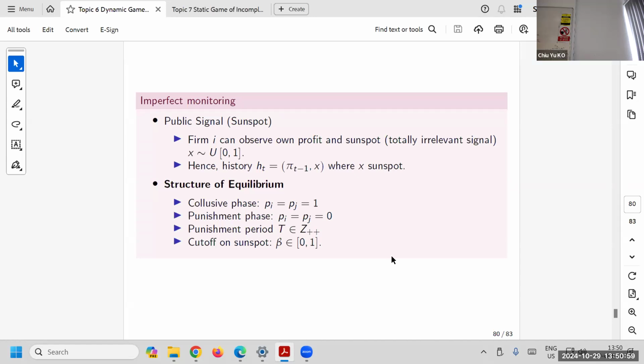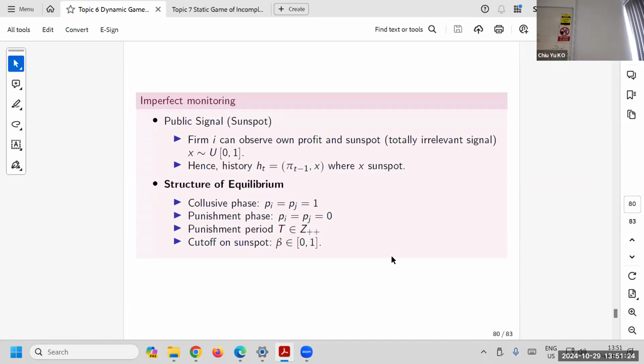The history is to look at the sky, and the sky will be very useful. Basically this is a random number. The sunspot is basically a random number from 0 to 1, and this random number will be very useful to consider when to put in punishment.